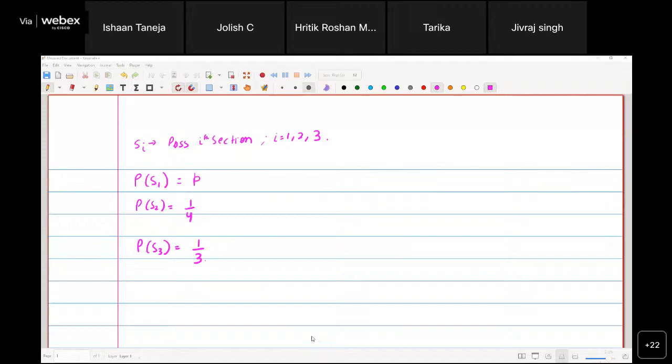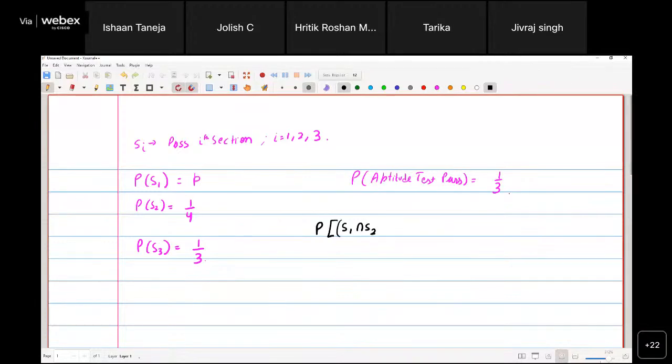And it is given to us that the probability of passing the aptitude test is 1 by 3, right? Yes, sir. And when will I pass the aptitude test? Either section 1 and second, or 1 and third.